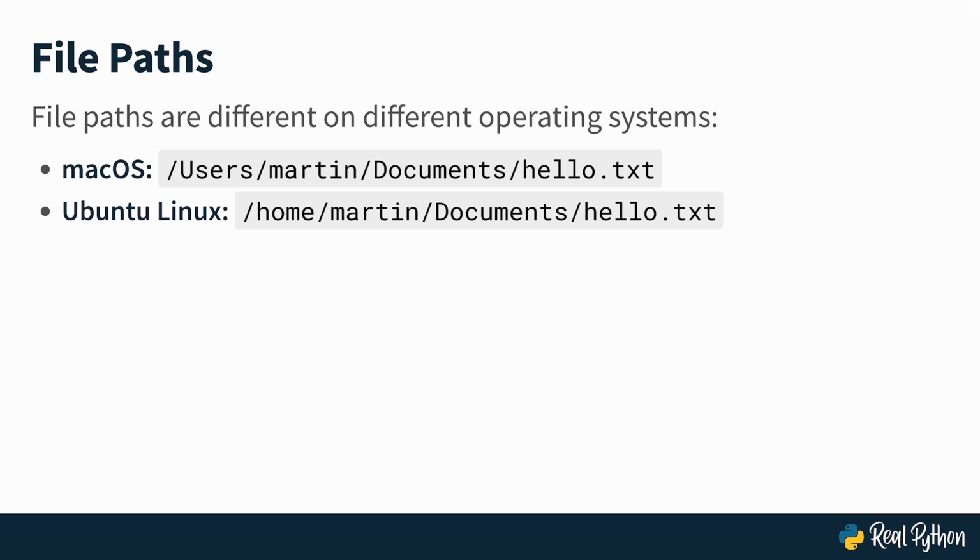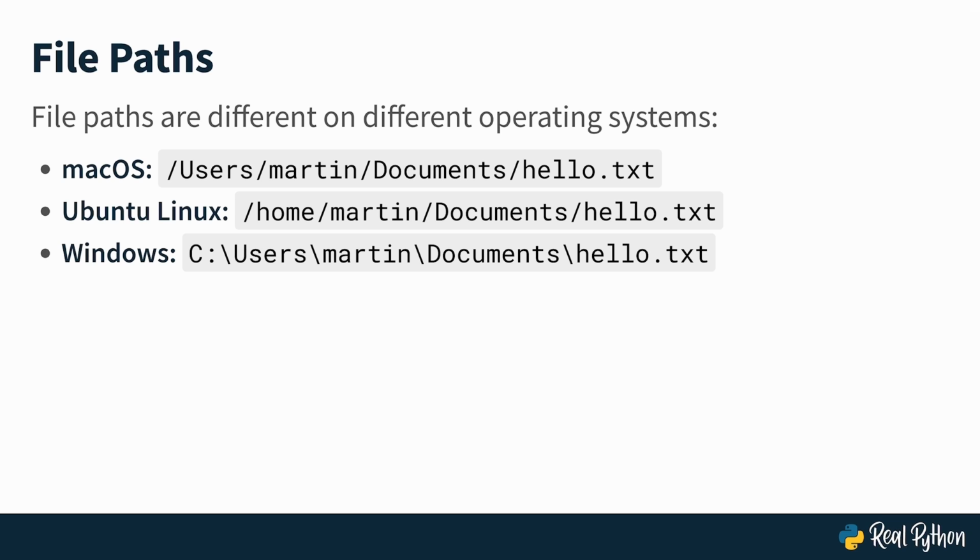Windows is quite different to those two. The same type of file path would look like this, where you start off with a C:, and then a \, then a directory called users, then the username, documents, and the file name. And the main difference you'll notice here is that you start off with C:, instead of just a slash, as well as that all the slashes are backslashes instead of /. So these look quite different.